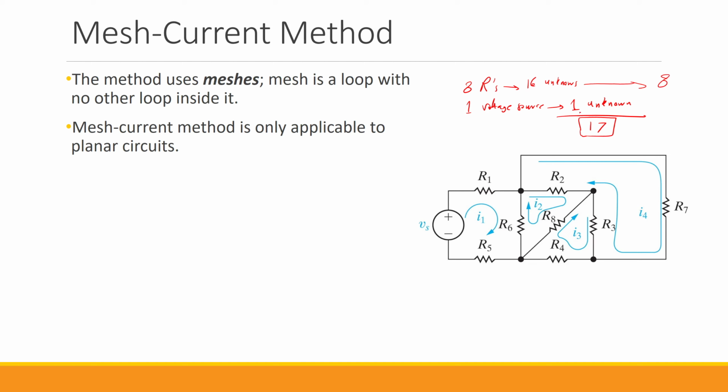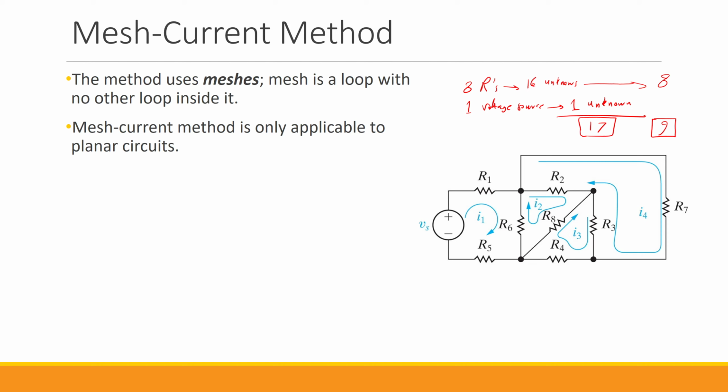For this one, we still need to find the current. So for the first simplification that we could make, we could solve 9 simultaneous linear equations to be able to fully solve this circuit.